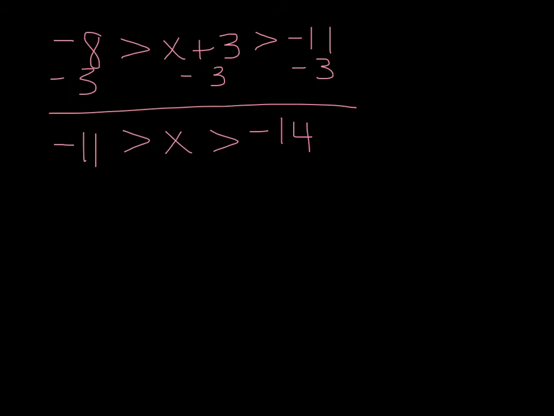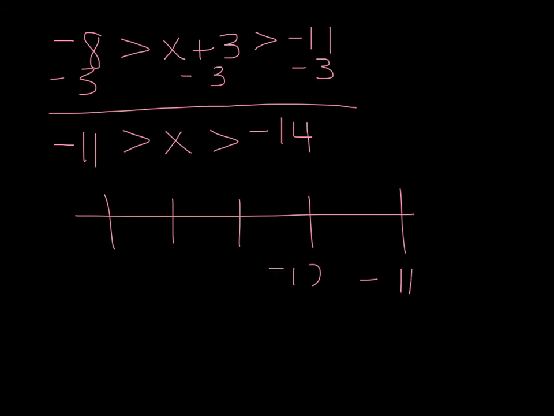Okay. So now let's graph it. We have negative 11, negative 12, negative 13, negative 14, negative 15. Okay, so this says x is less than negative 11, so we're open circle, and we want an open circle on negative 14 as well.